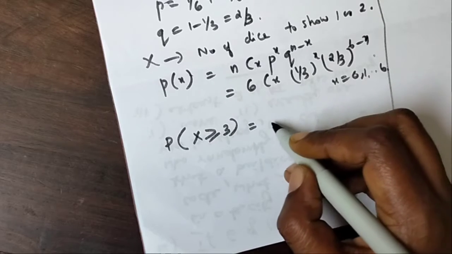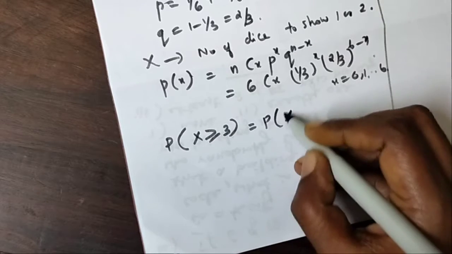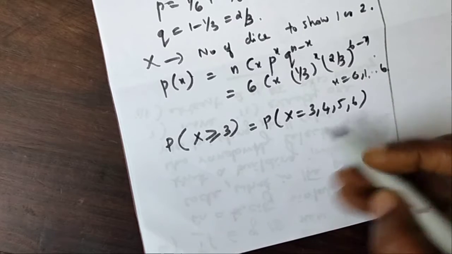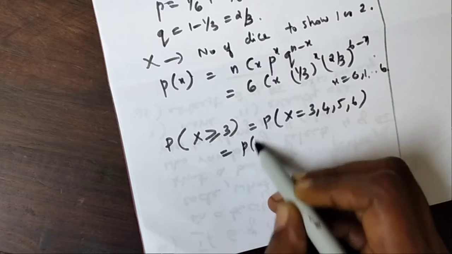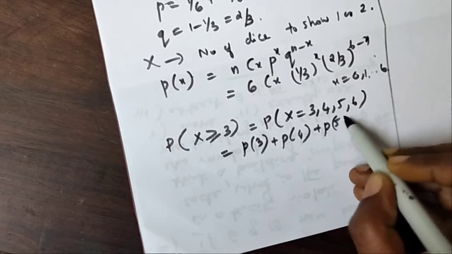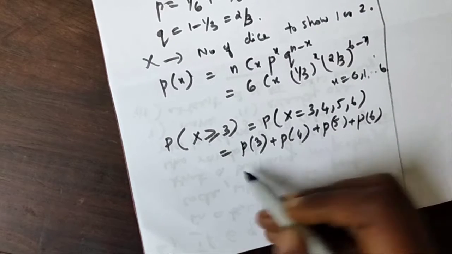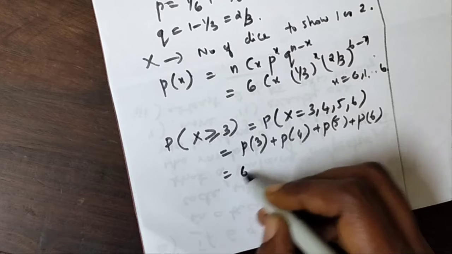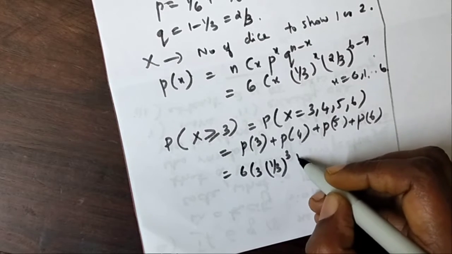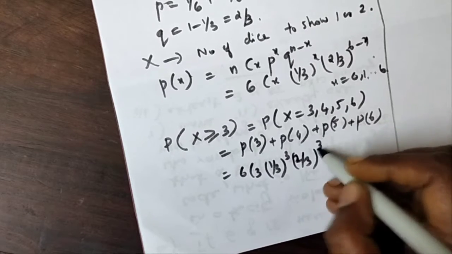So it is the probability that x is equal to 3, 4, 5, 6. So that is P of 3 plus P of 4 plus P of 5 plus P of 6. P of 3 is 6C3 1 by 3 raised to 3, 2 by 3 raised to 3.